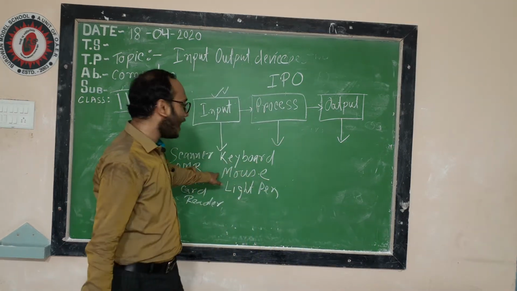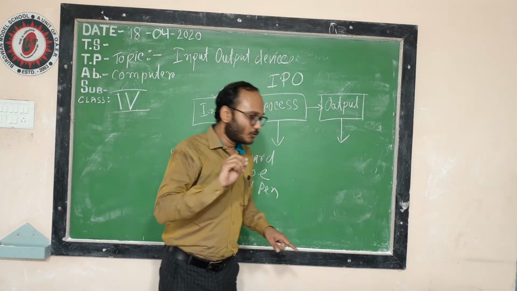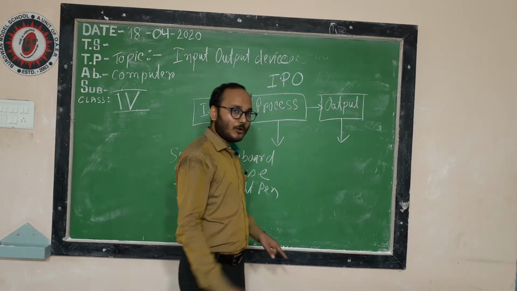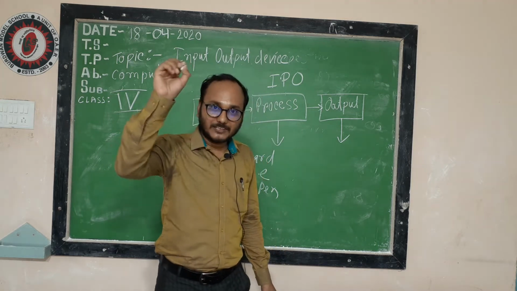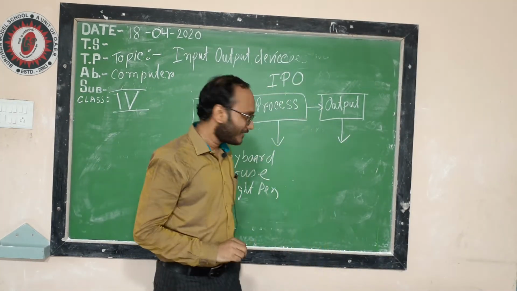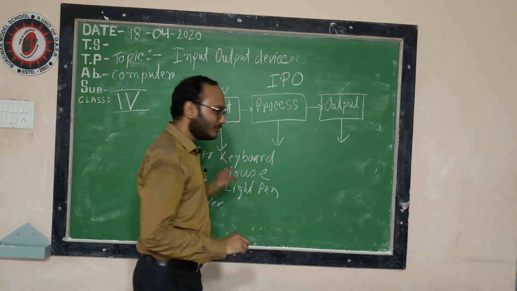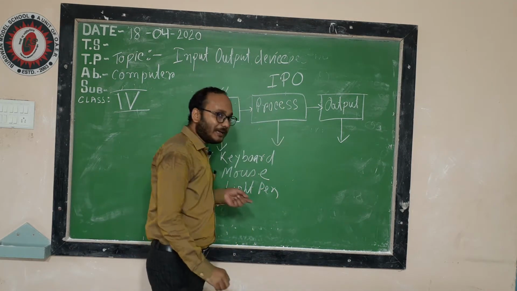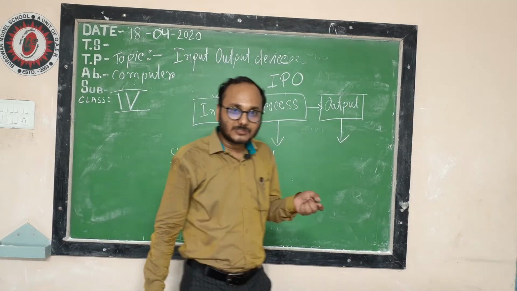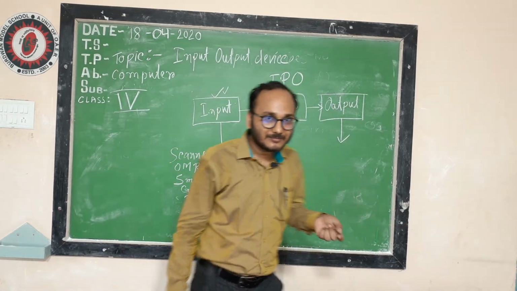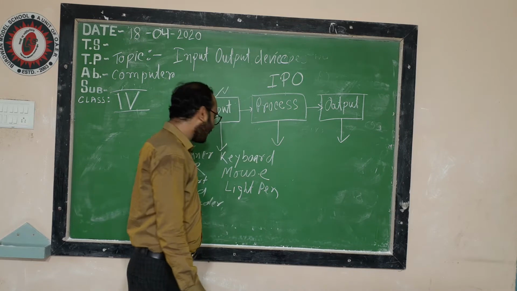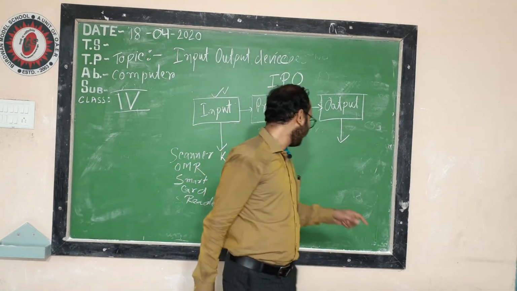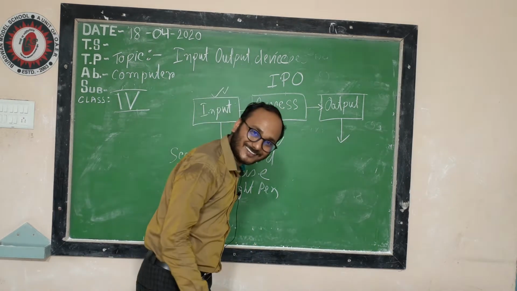And the mouse is a pointing device. Light pen, also we can draw a picture using light pen. Scanner, a document can be scanned using scanner. Optical mark reader we use in various examination. And smart card reader, debit card, bank debit card, that is smart card reader.